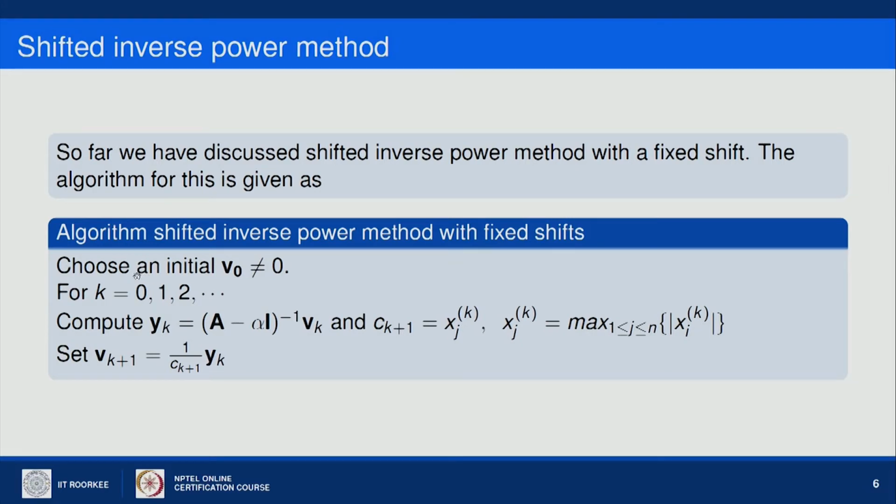So, the algorithm should be like this. First of all, you have to choose an initial V naught, which should be a non-zero vector. Then for k equals 0, 1, 2, and so on, you find yk, where yk is (A minus alpha I) inverse vk. From here c(k+1) will be the largest component of vector yk in terms of absolute value, and then you define your v(k+1) as 1 upon c(k+1) into yk.